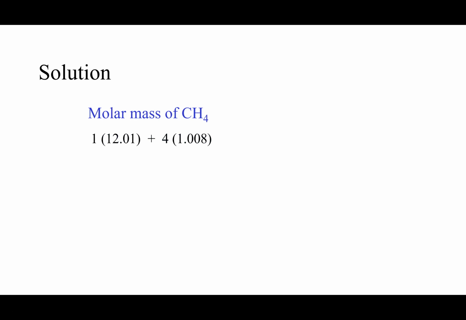I'm going to take 1 times 12.01 plus 4 times 1.008. That gives me a molar mass of 16.04, and the units of molar mass, you told me, were grams per mole. To be more explicit, that means 16.04 grams of this compound per 1 mole of this compound.